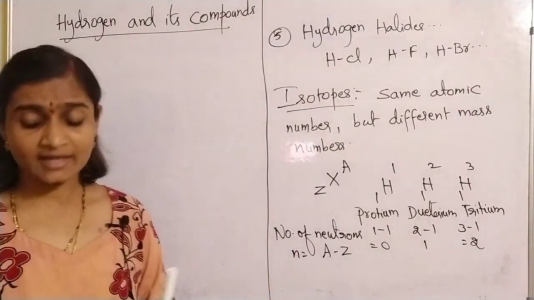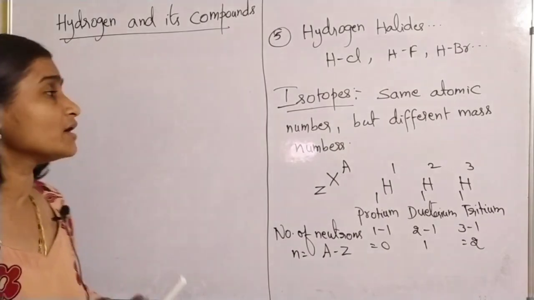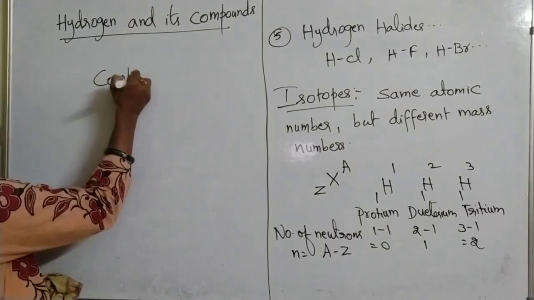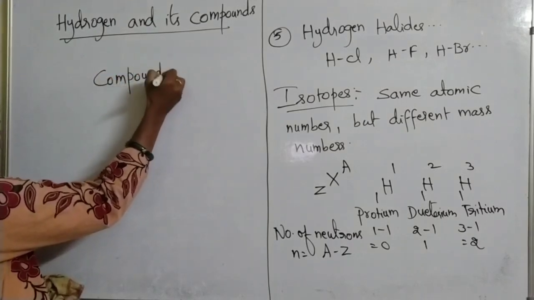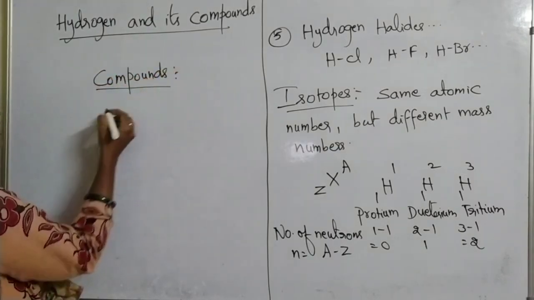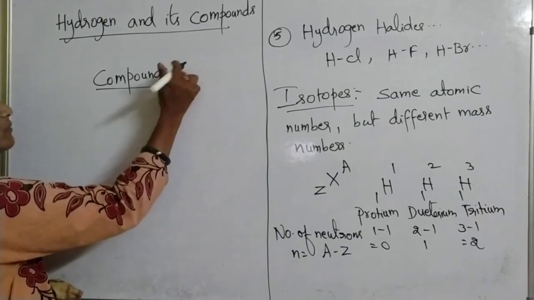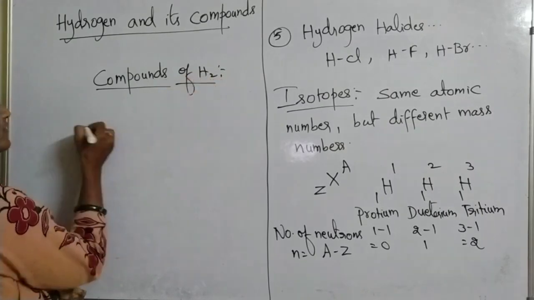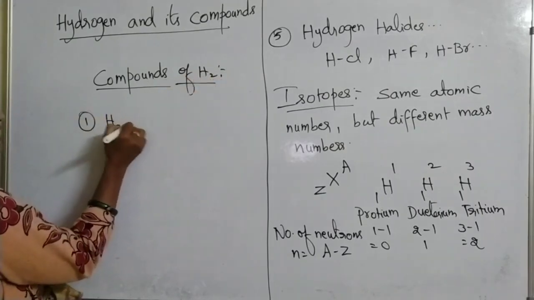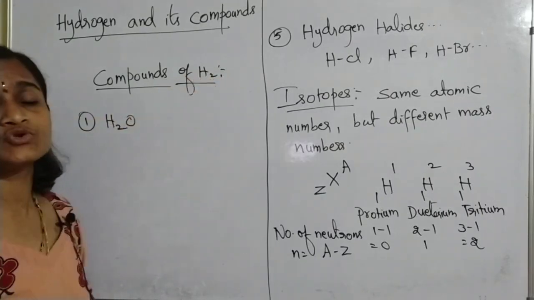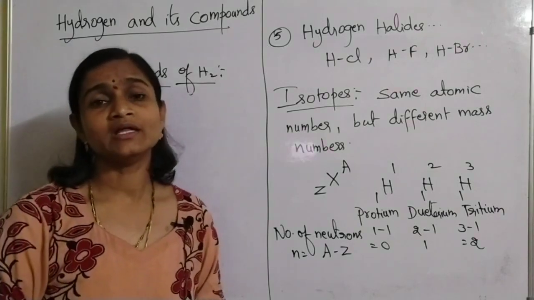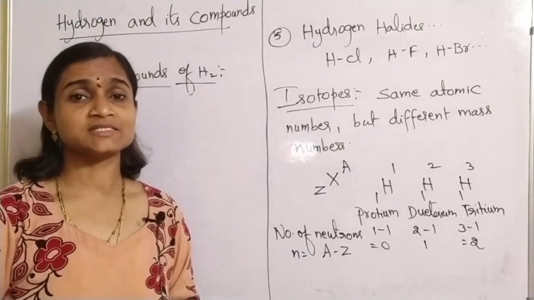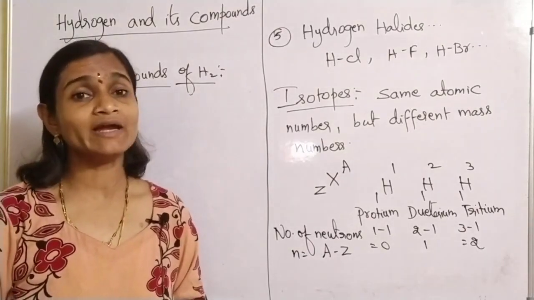In this chapter, if you go for the compounds of hydrogen, the main compound which you will come across is water, H2O. It is the most abundantly used substance, and the universal solvent is what?